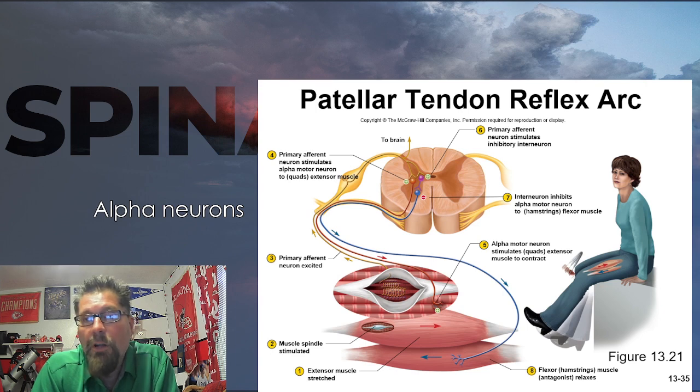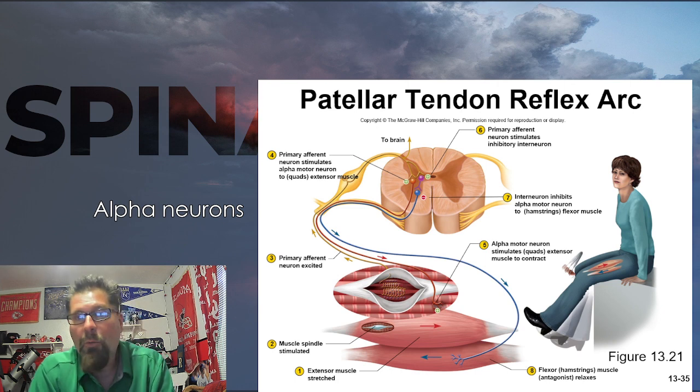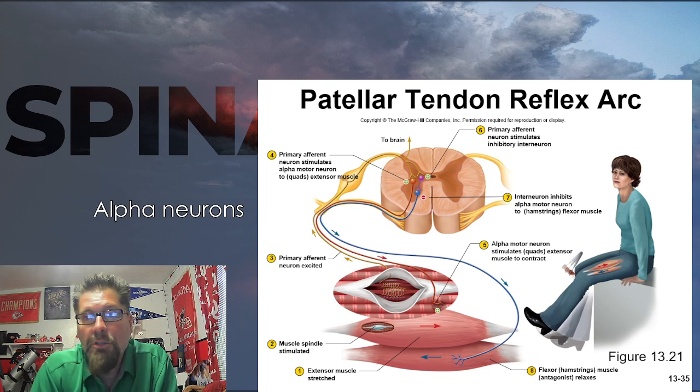But in the reflex arc, if you look at the cross section of the spinal cord there, in the old butterfly, the gray matter, you can see the green and the red and the blue little circles there. And if that's too small to see, as always, it's in the PowerPoint. It's in the textbook, so if you want a bigger image, just simply pause here and open one of those up. But where those circles are, that's the integrating center that we were talking about earlier. That's where the decision is made on what needs to be done.